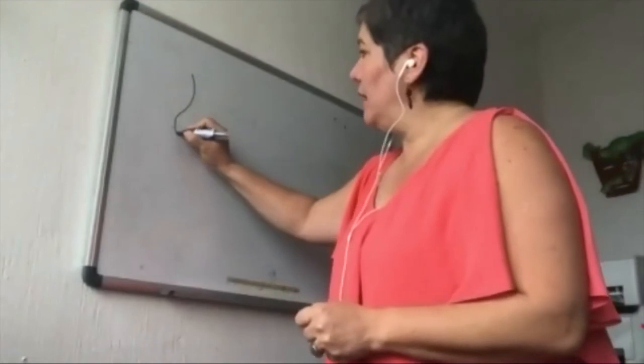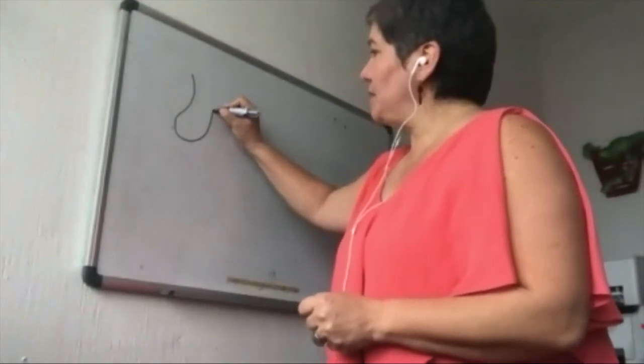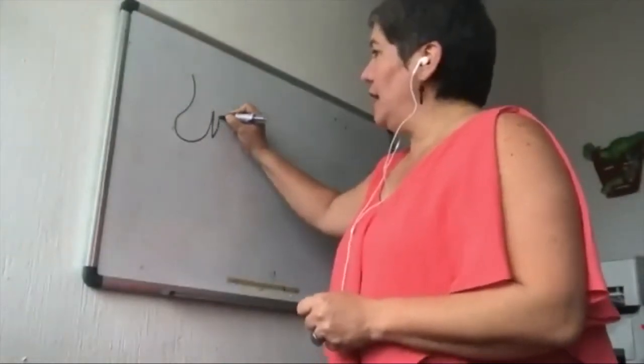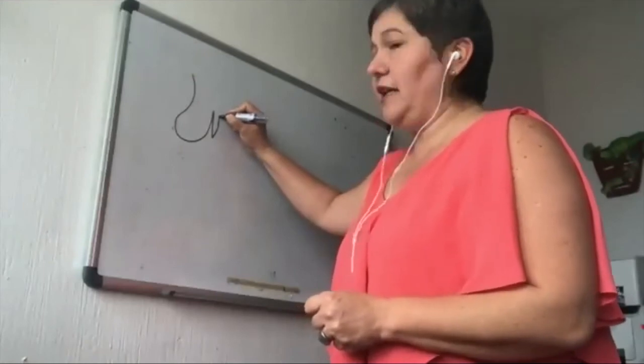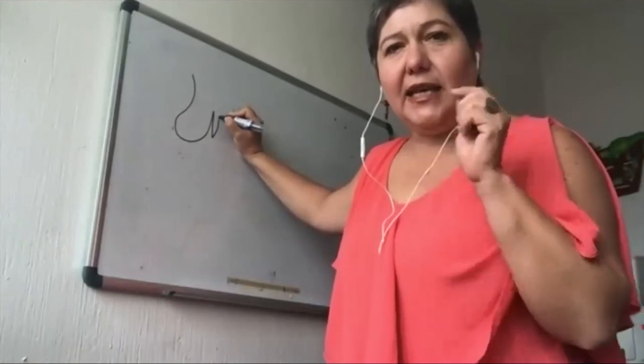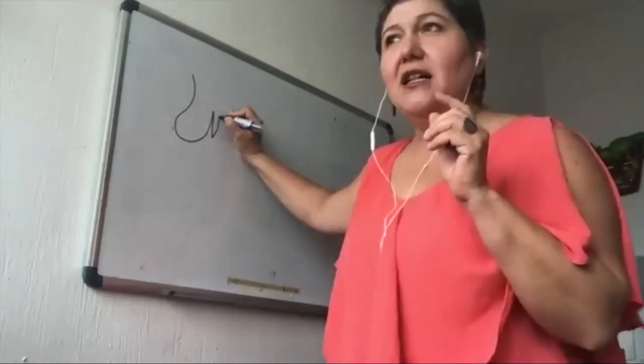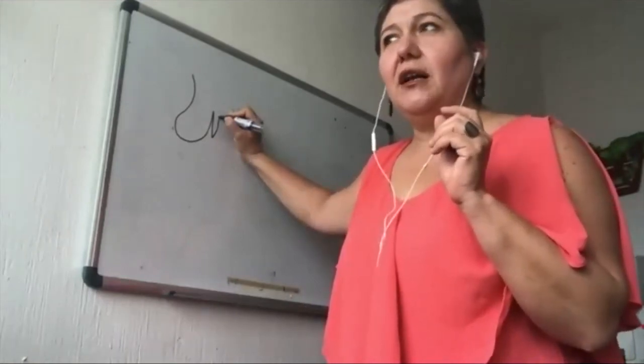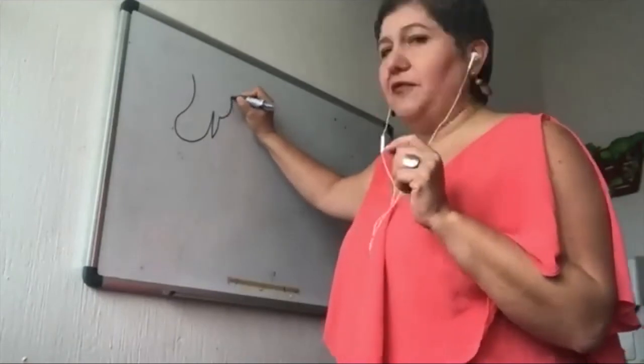Look, and then you have the teeth, and then a little bump behind your teeth. Feel it with your tongue. That's called the alveolar ridge.